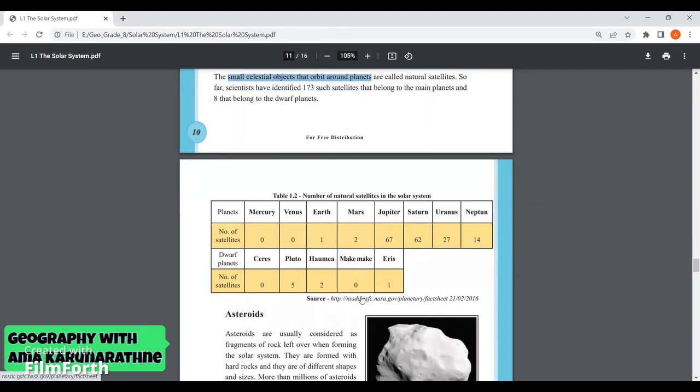The count of these natural satellites has been updated and increased now. It's not 67 for Jupiter, it has increased, and for other planets also. You better go and Google the new number of natural satellites for these planets and dwarf planets.